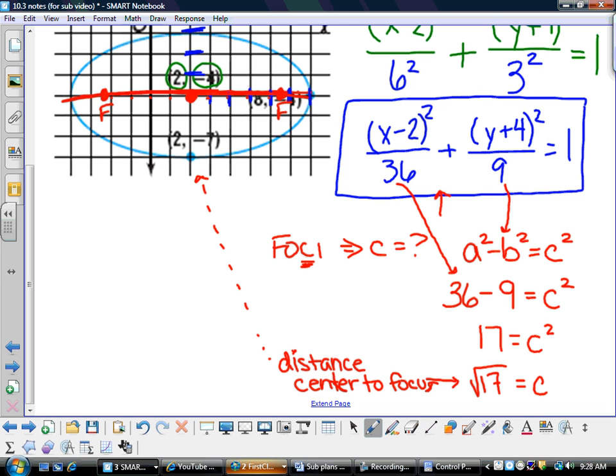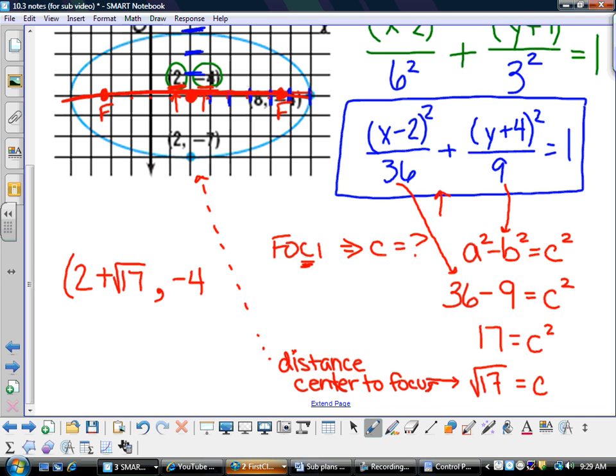So as I was counting to those foci, I started at 2, negative 4, and moved left and right. If I'm moving left and right, does that mean the x number is going to change or the y number is going to change? If we're moving left and right, it's the x number that's going to change. So we need to take that 2 and add the square root of 27, comma negative 4.